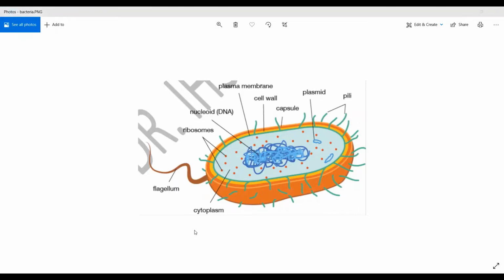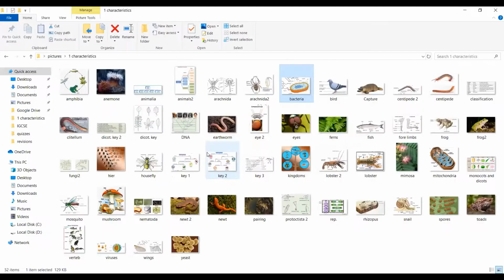Now, let me go to the dichotomous key, and I'd like to search for one of them. I have one, but it's not like the one in the book. Yes, here it is. This is the one I need.